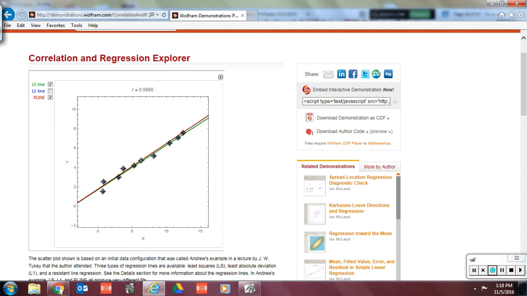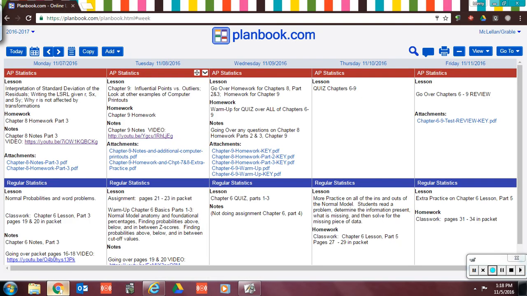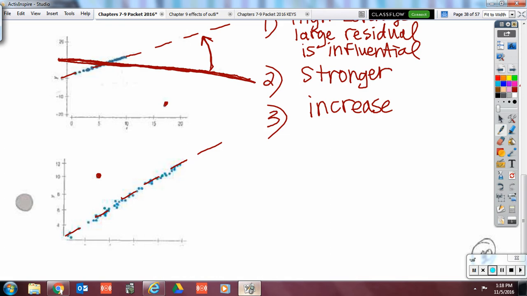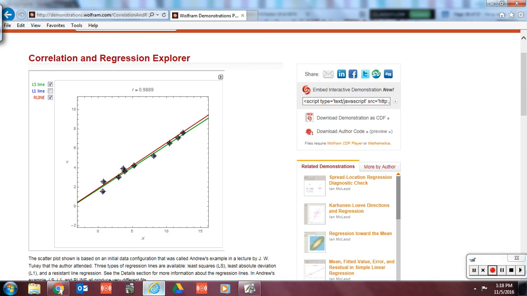Now if a point is a little bit to the left, which it kind of looks like this point is, here's the center maybe of the information. This does look to the left, so I think it's going to bring up the rear of this line a little bit because it's to the left of the center. Let me demonstrate that for you.